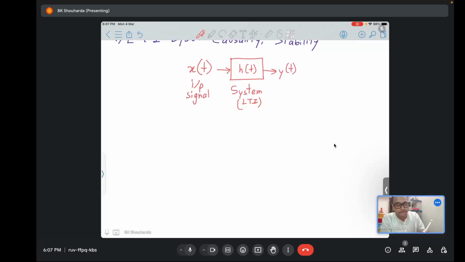Okay, so for LTI systems, we write y of t is equal to h of t convolved with x of t.